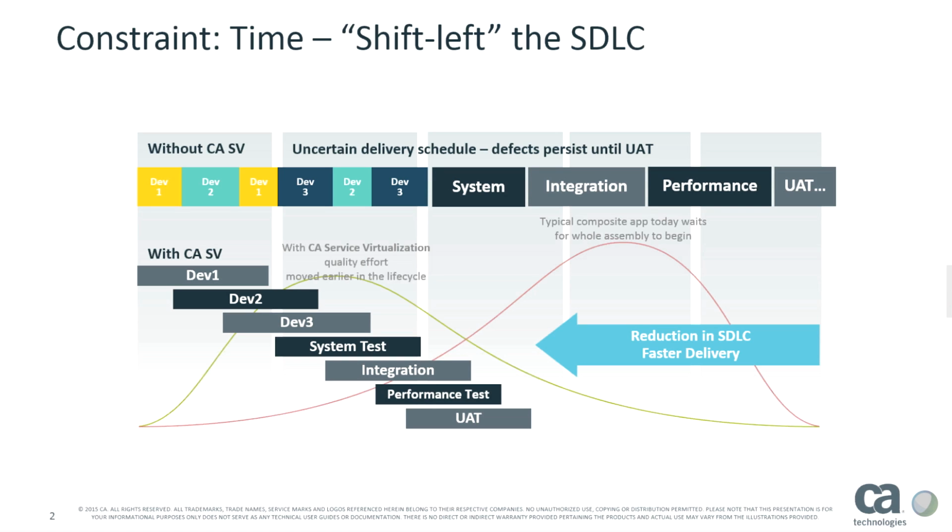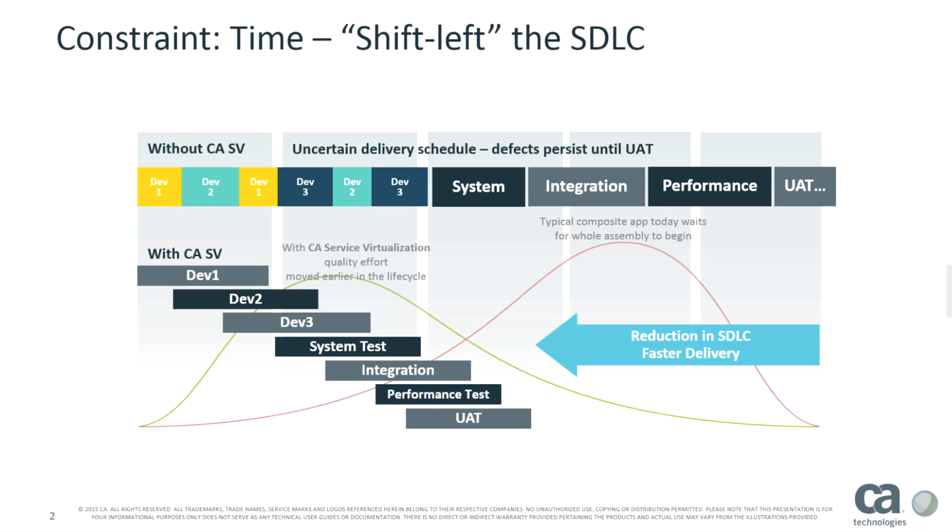By introducing service virtualization and the ability to simulate those services, even though they are not ready yet, by just having some request and response pairs, you can give them to all those teams and enable them to work in parallel.